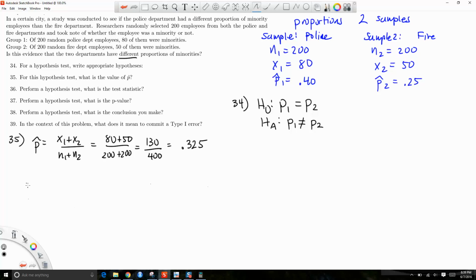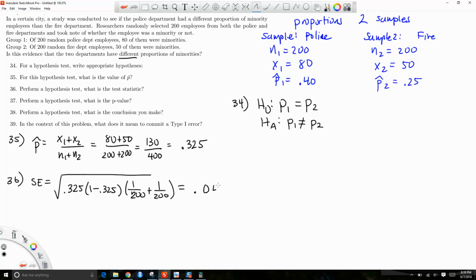Okay, number 36 asks what our test statistic is. First we have to figure out our standard error. That's P hat times 1 minus P hat times 1 over n1 plus 1 over n2, and if I did that correctly, I'm getting 0.04684.